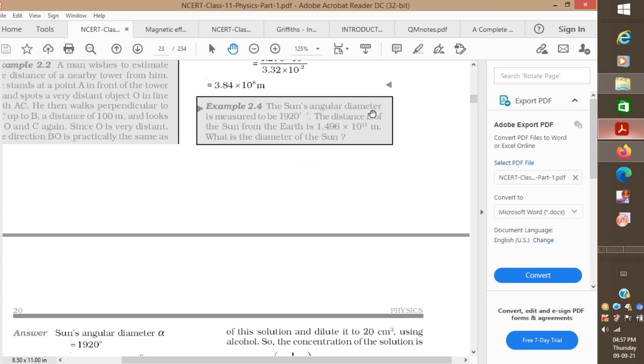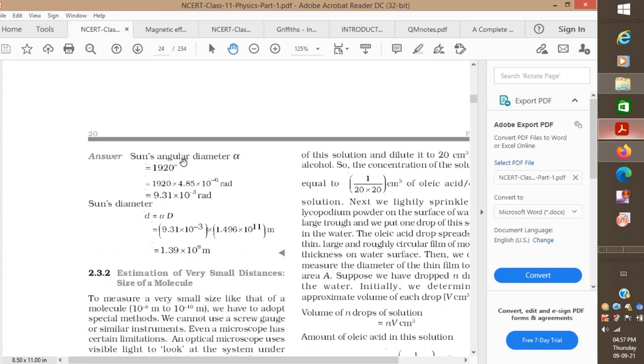First of all, you have to find this angle in radians. It is given in seconds, and we have to find out the diameter in terms of length. That's why you have to find the radian first. 1920 seconds means how much radian you have to find out.